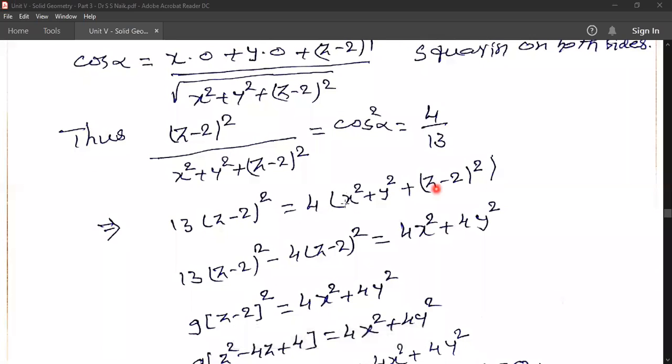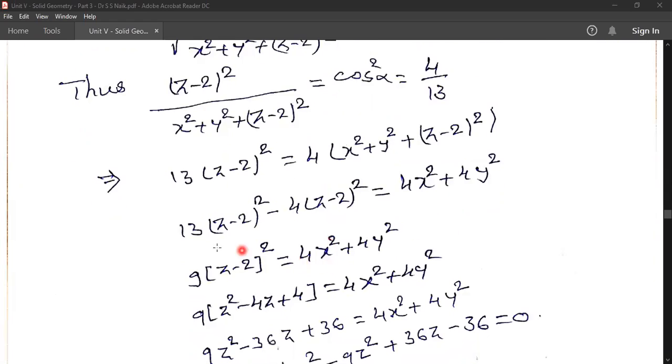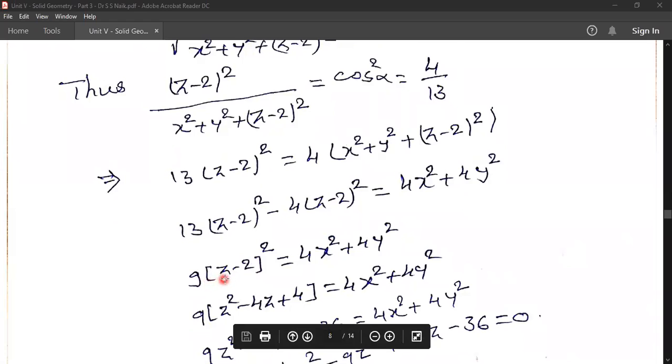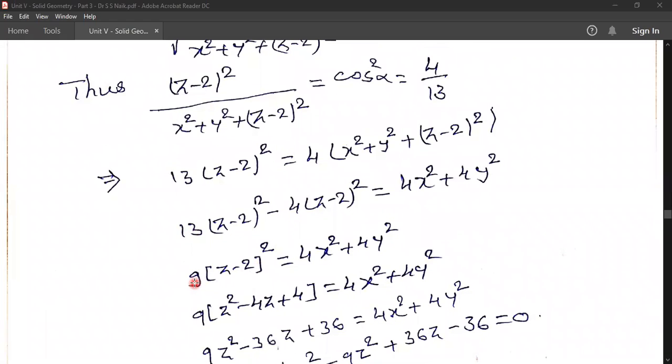So when you go on simplifying, this becomes 13 (z minus 2) square minus 4 times (z minus 2) bracket square is equal to 4x square plus 4y square. Then you get 9 times (z minus 2) bracket square is equal to, that is 13 minus 4 is equal to 9.